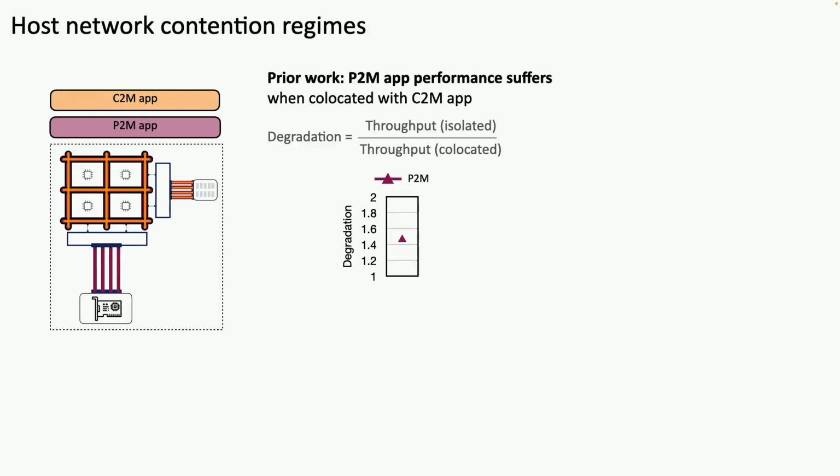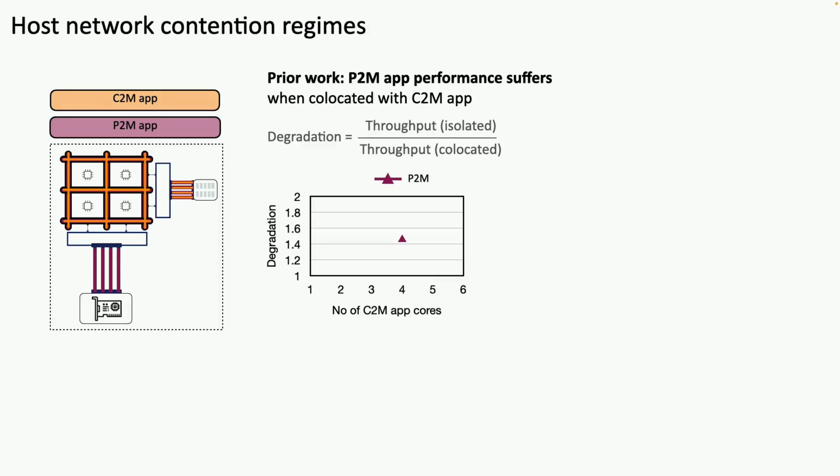More precisely, if we plot the throughput degradation as a function of the load on the network, in terms of the number of cores on which the C2M app is running, we see that the degradation increases with larger load. This is the trend that a lot of these prior studies focus on, and the conventional intuition is that these C2M apps are sort of starving the P2M app.